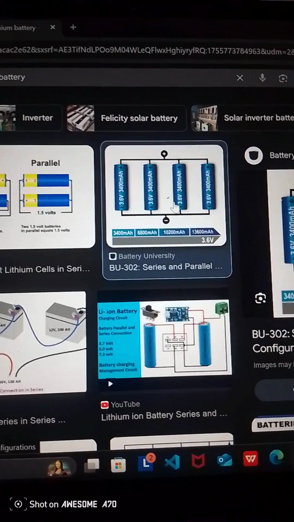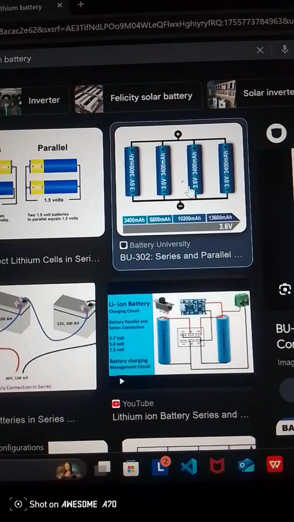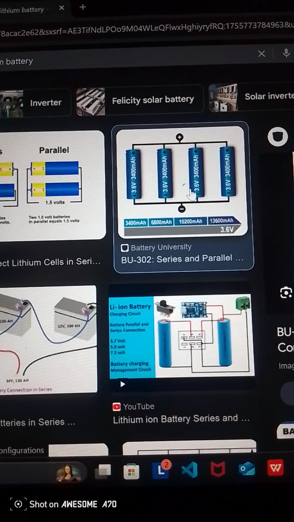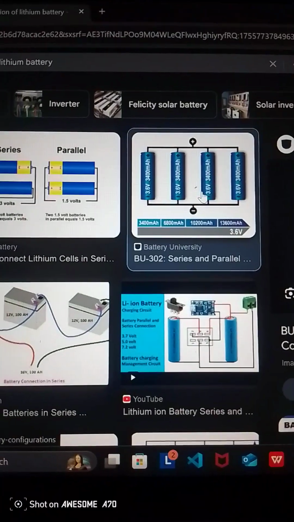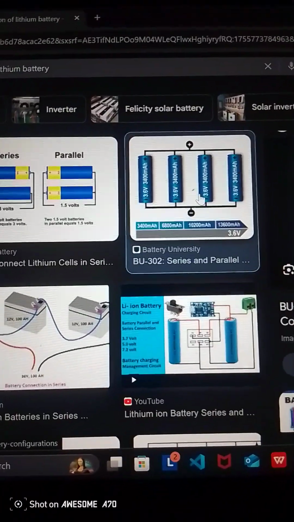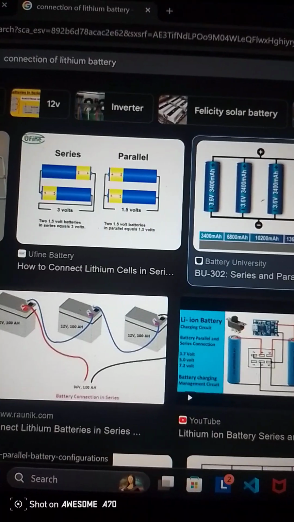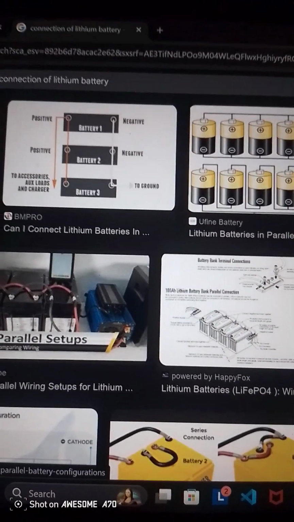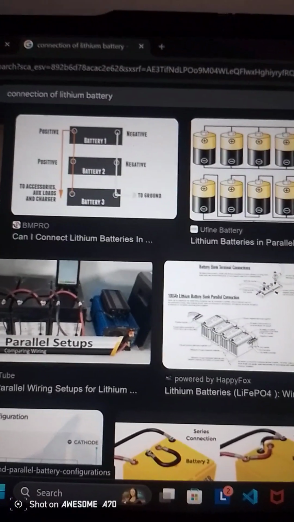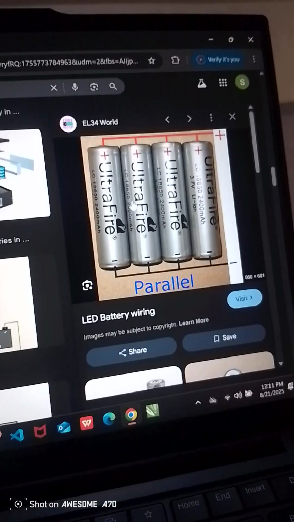Here, the one that we looped, this place was looped in what? It was looped in parallel, yes. Exactly, it was looped in parallel. This battery now is looped in what?